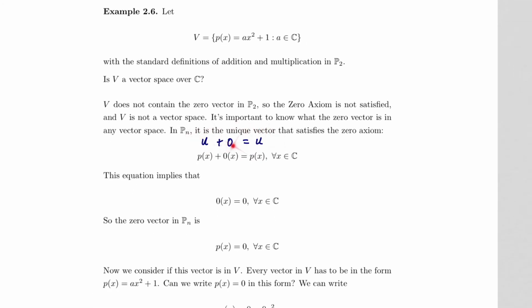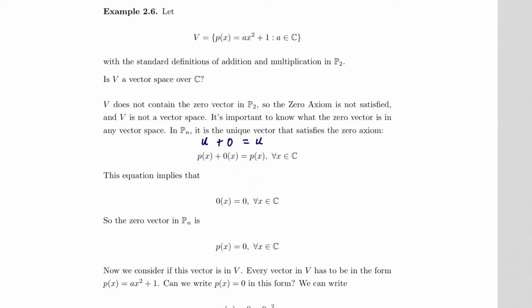But since these are polynomials, the vectors u are polynomials that we would normally write as a function, p of x, where x is the variable, like the x squared here in my polynomial. And 0, since it's really the zero polynomial, I wrote it here as 0 of x. It's a polynomial that satisfies this axiom, but I don't know what it is yet.